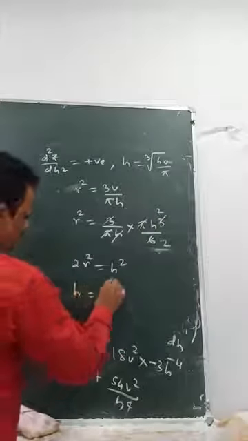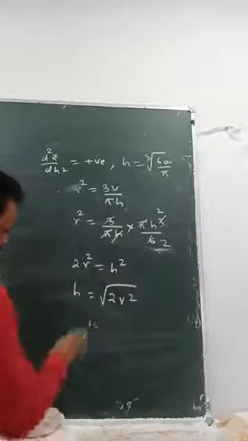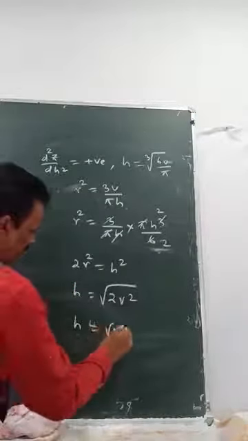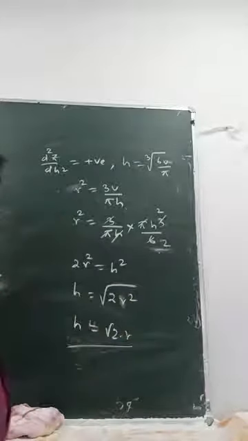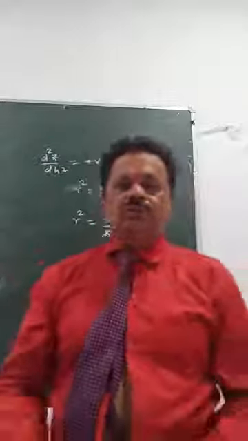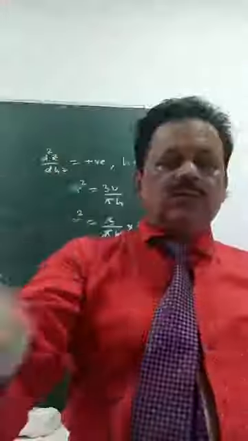H equal to root over of 2r square. So height is equal to root 2 times radius. So where I am making the box, those are the clues for you. So you will try to put importance on those lines. So we will continue again tomorrow.